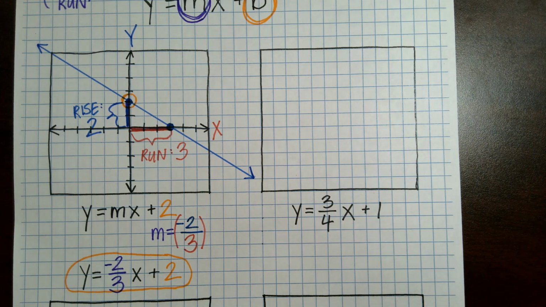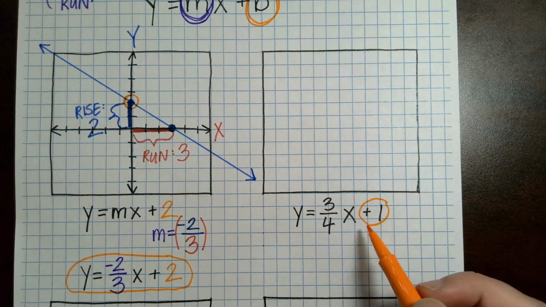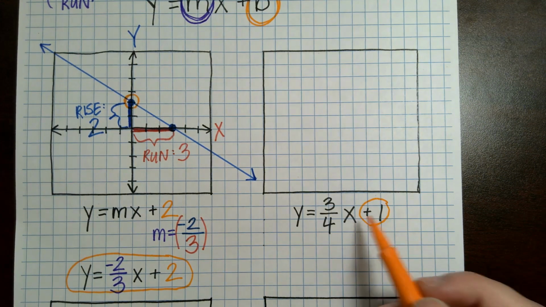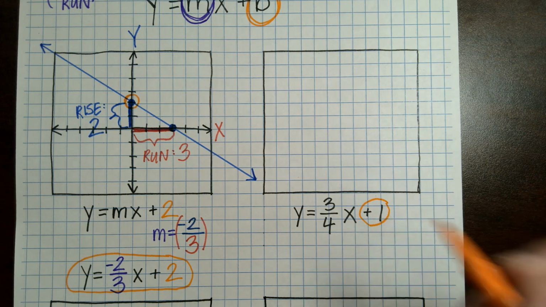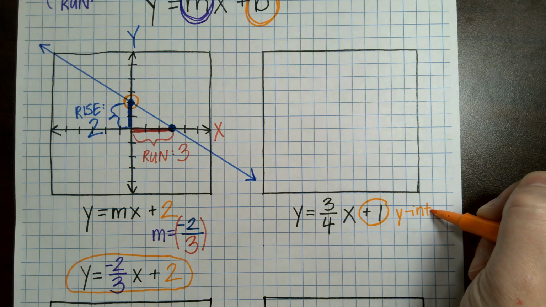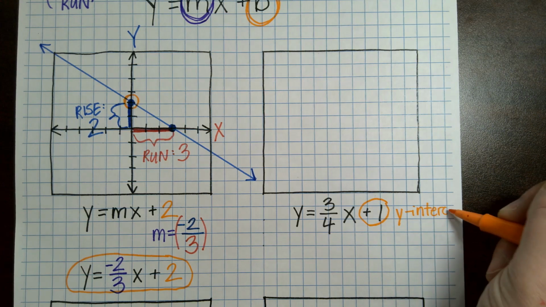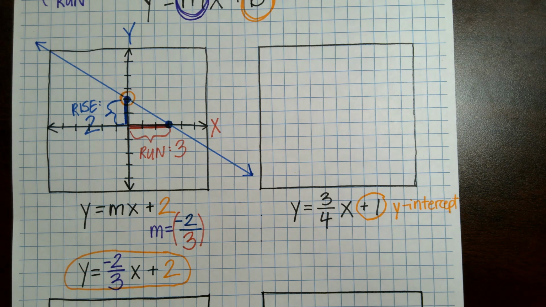1, yes. So at the end of your equation, whenever you see plus a number or minus a number, that is always your y-intercept. That's always going to tell you where your line touches the y-axis. So here's our y-intercept.